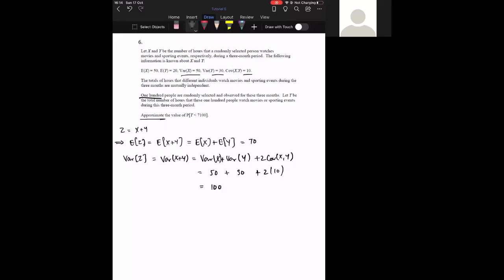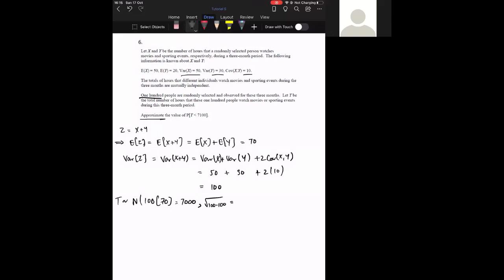तो हमारे पास है कि the expected value of Z is 70. हमें ये भी पता है कि variance is 100. ये हमारे पास एक individual के लिए. अब central limit theorem से पता चलता है कि T is approximately normal. So we can say that T is normal with mean 100 times 70 or 7,000, and standard deviation is under root of 100 times 100.